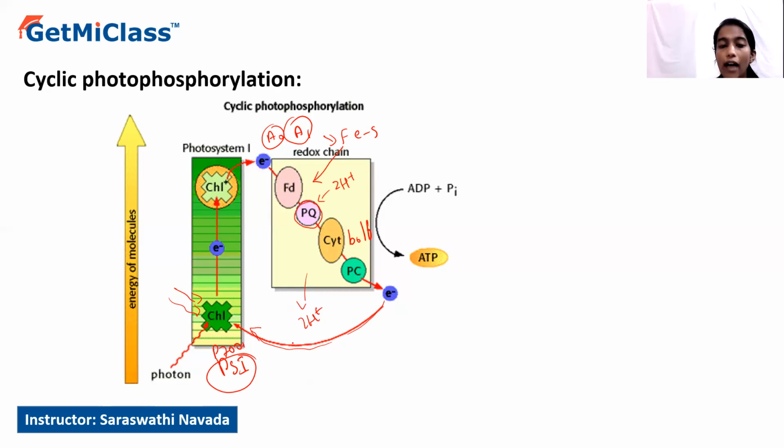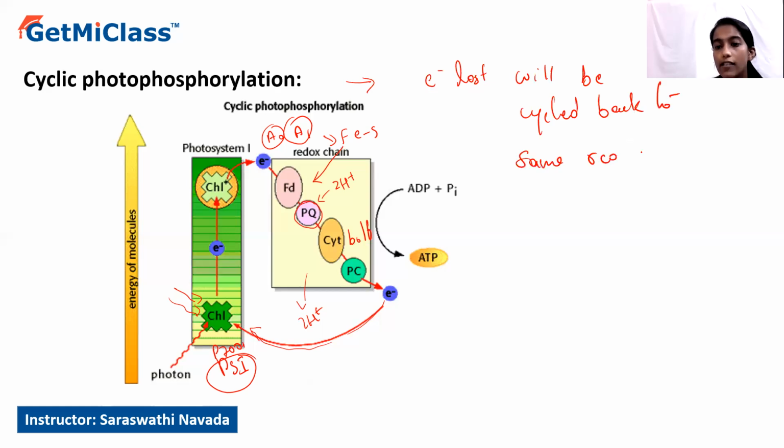So here, whatever electron is lost initially comes back to the same reaction center, or it will be cycled back to the same reaction center. That is why it is called cyclic phosphorylation, where the electron lost will be cycled back to the same reaction center.